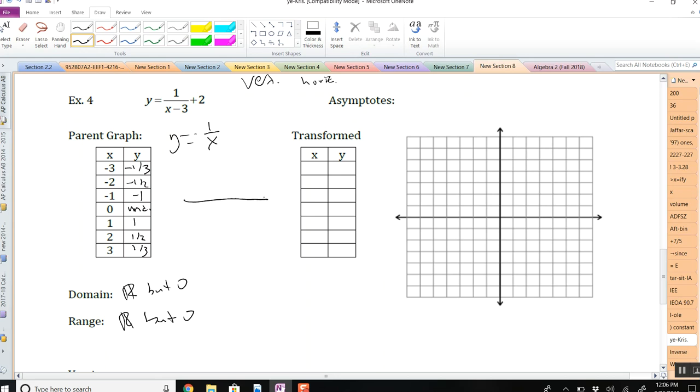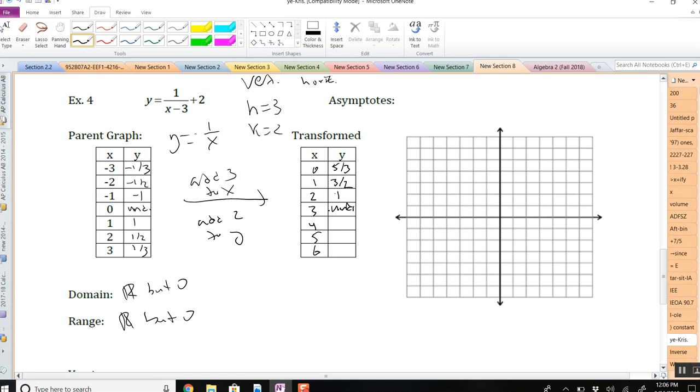Now, if you transform, remember h is 3, k is 2, so you're going to add 3 to x, add 2 to y. So you get 0, 1, 2, 3, 4, 5, 6. Add 2 to y. You get 5/3, 3 halves, 1. Still undefined here.